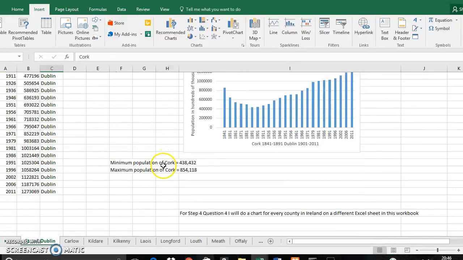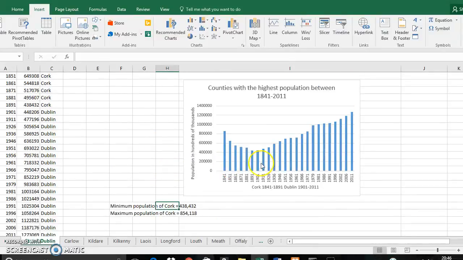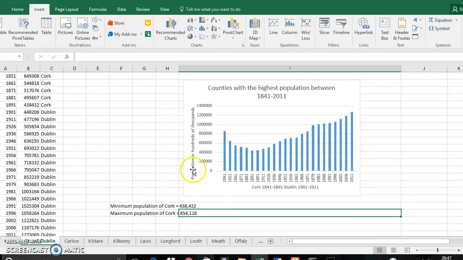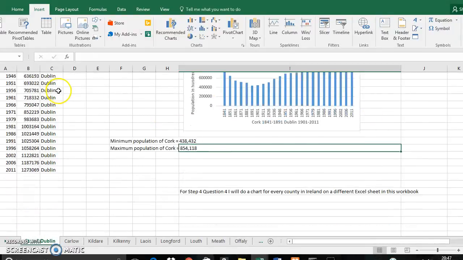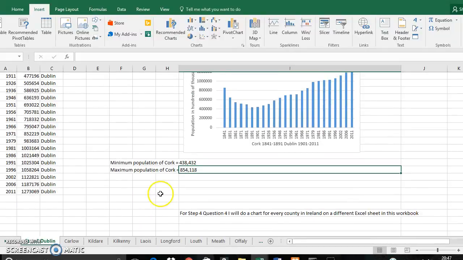And the max and min population of Cork: the maximum population of Cork was 438,432 in 1841, which is not as high as Dublin, where it's 1,272,069 in 2011.